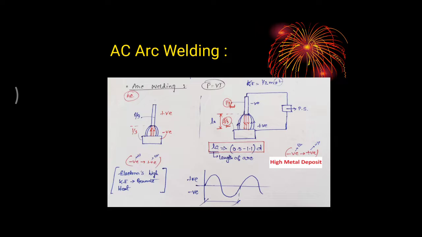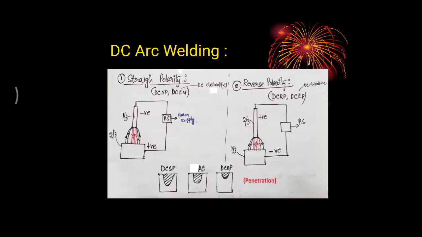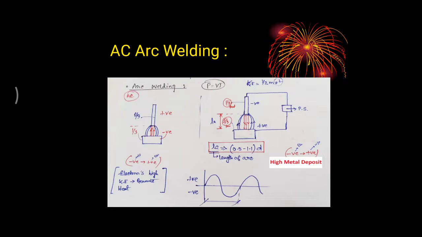That's why we use reverse polarity, when the heat is maximized in the workpiece and minimized in the electrode, because then only it will be deposited in position. So in the picture you have seen, when the flow is from negative to positive, the deposition rate is very high.